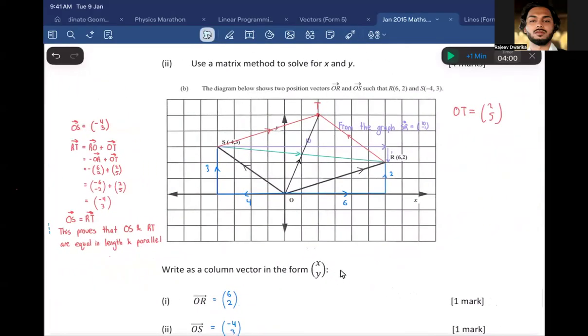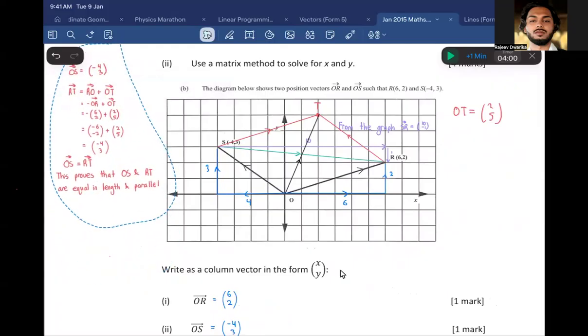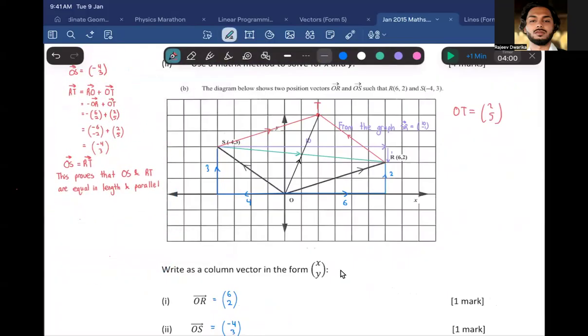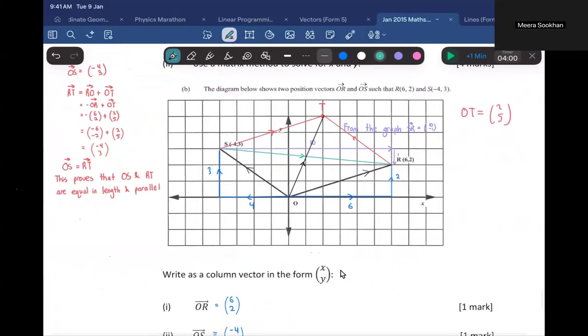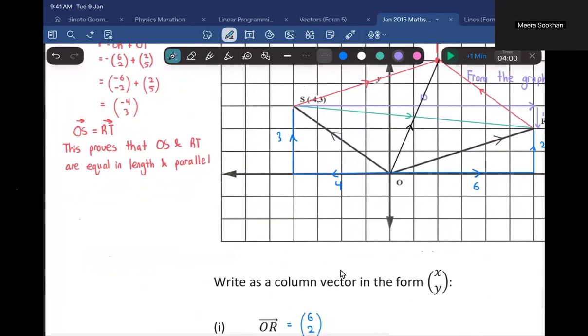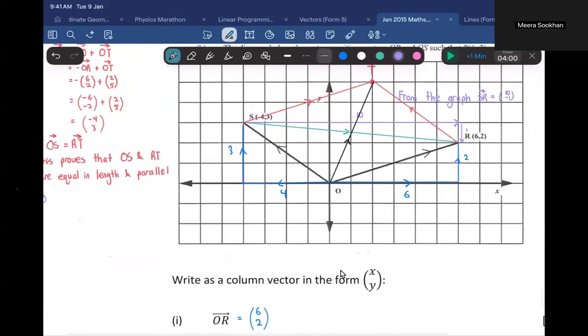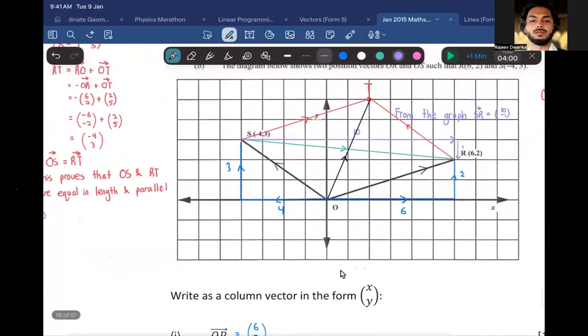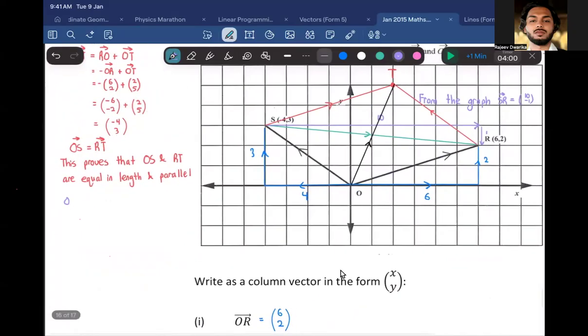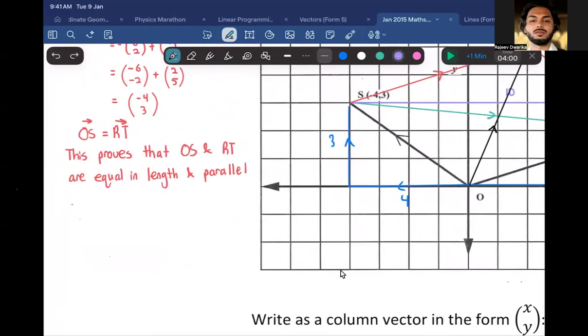Mira, just remind me, what was vector OR? OR was 6, 2, which then turned into negative 6, negative 2. No, OR. We're just dealing with OR here. OR is equal to 6, 2.